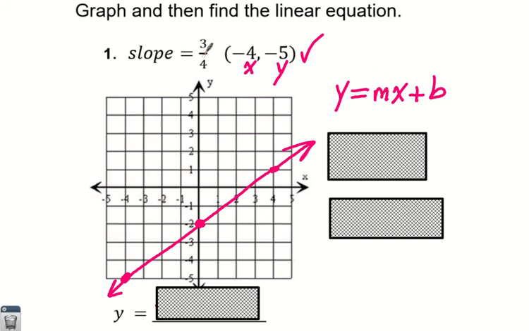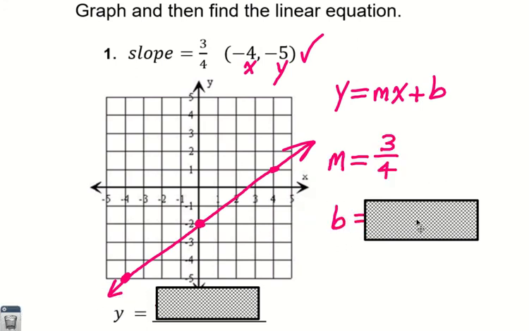Well, hey, look, I already have m. They gave it to me for free. But we also need to know what b is. So looking at my line, what is the b value? What is my y-intercept? In other words, where is my line crossing the y-axis? Looks like right here.